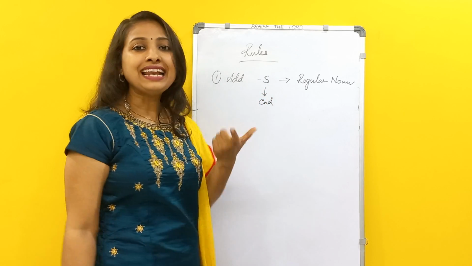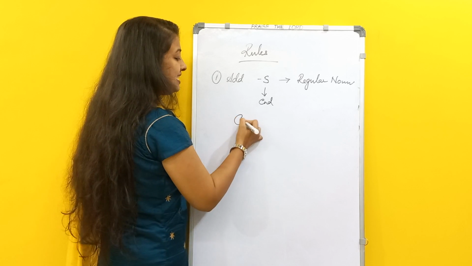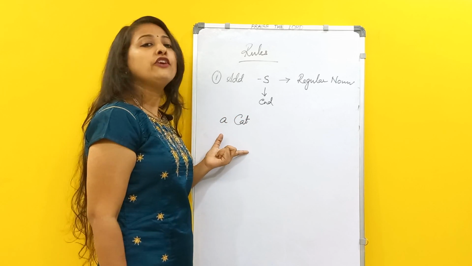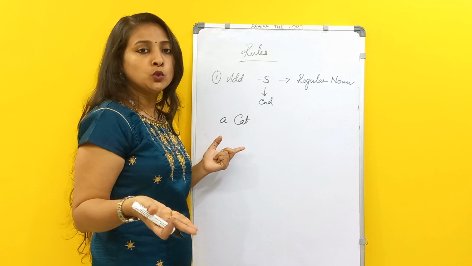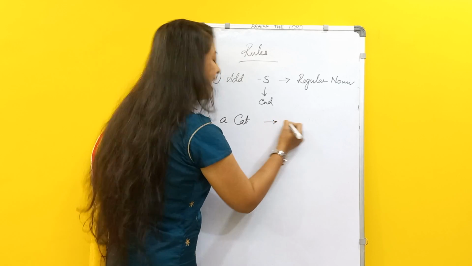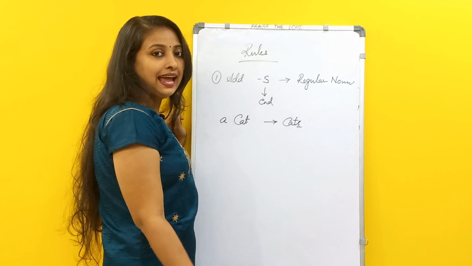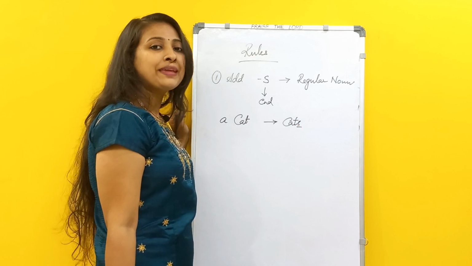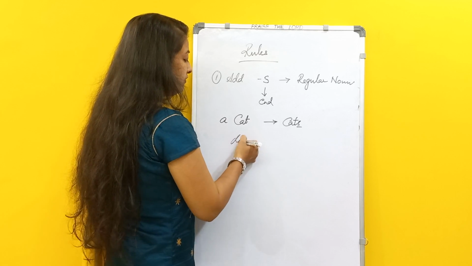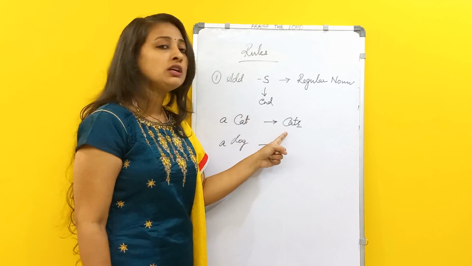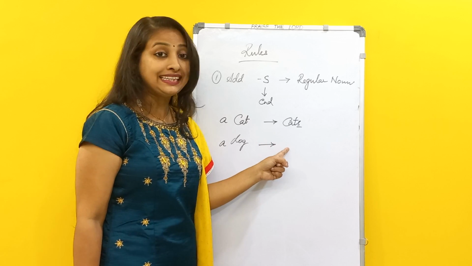Like just now we have seen a cat. This is singular, a cat. If you want to make it plural, you will simply add s at the end. So it will become cats. Or else we have seen a dog. While it is in plural, you won't be accompanying it with any articles.